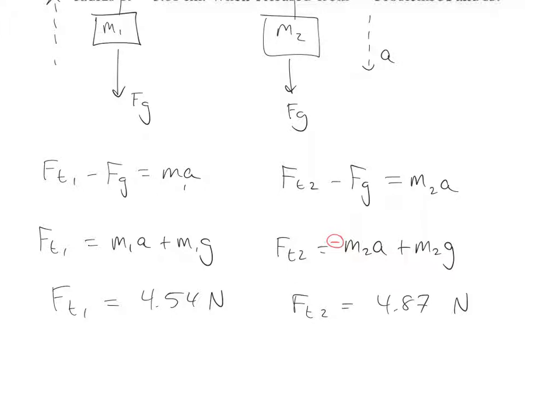Part D asks us, let's see, I ran out of room, so I can't even go back up. Part D, what is the magnitude of the pulley's angular acceleration? Angular acceleration, what do we use for that? There's one simple formula.